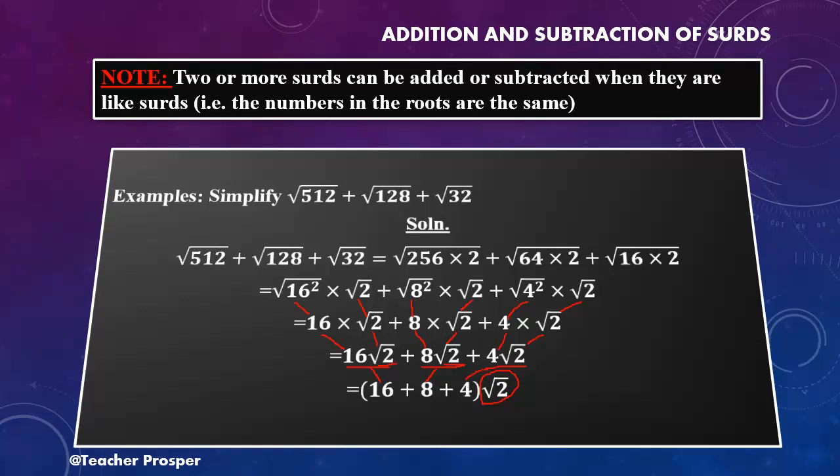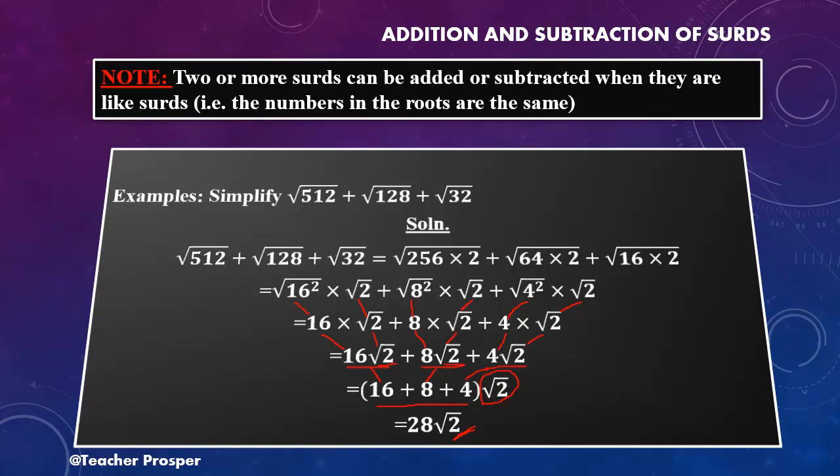So, when we then add these numbers, 16 plus 4 plus 8, we then arrive at 28, and we attach our square root to it. So this is our answer for the addition of square root of 512 and square root of 128 and square root of 32.